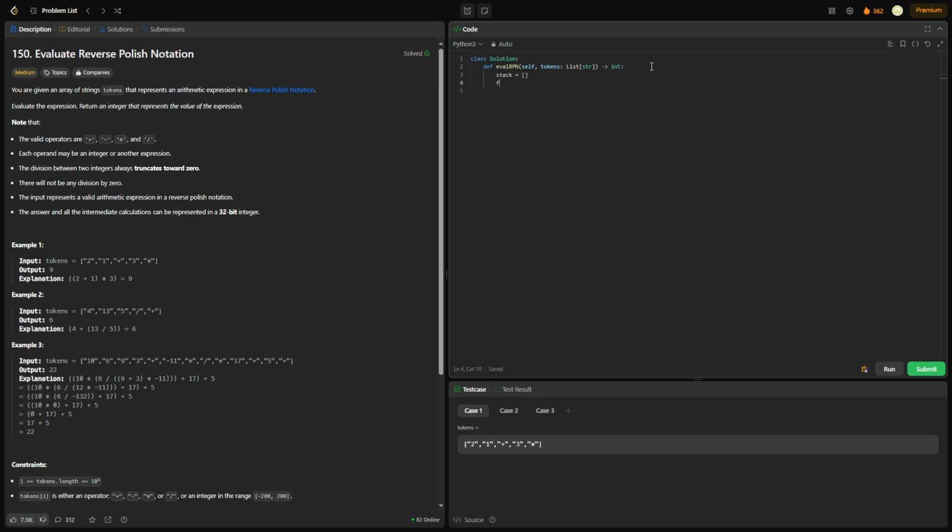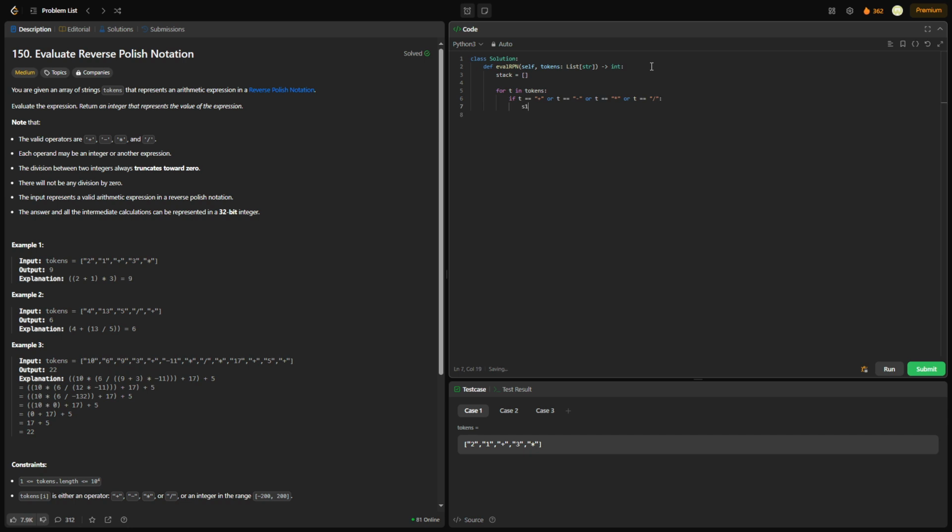So we're going to say for t in tokens, let's iterate through this array. Now if t is plus, or t is minus, or t is multiplication, or t is division, then let's handle this.